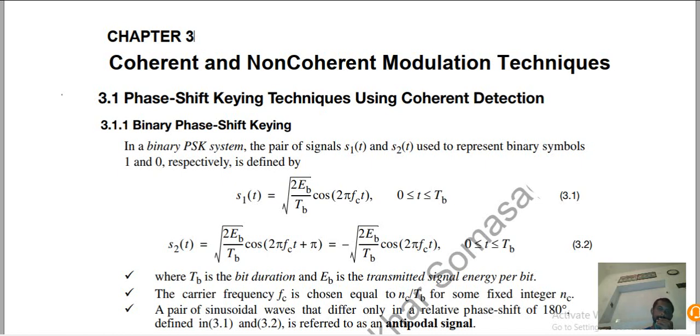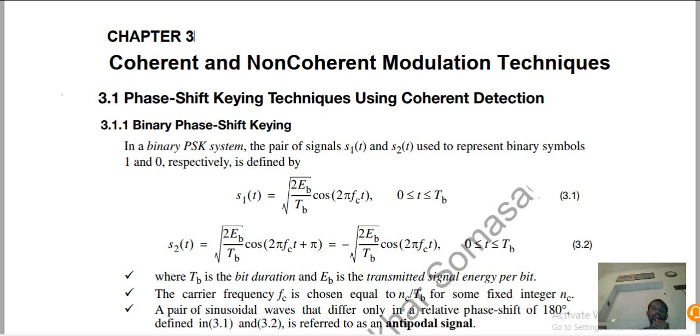S1 of t is represented by symbol 1 and S2 of t is represented by symbol 0, which are represented in the form of signals over a bit duration. And how to represent the difference of the 1 and 0 in the form of the energy and the bit duration is shown next.